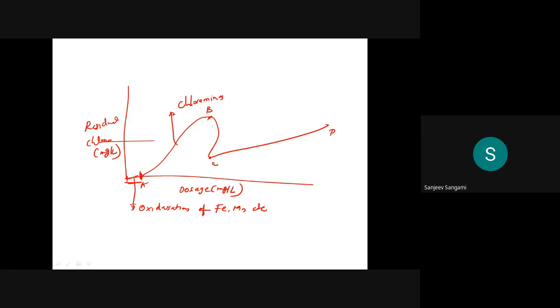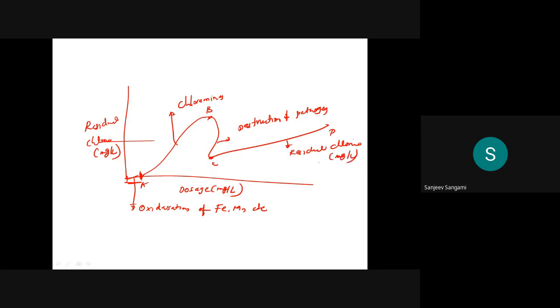From here to here again, the destruction of pathogens. From this point we call it the breakpoint chlorination. From C to D, whatever you get is free chlorine or residual chlorine in terms of milligram per liter.